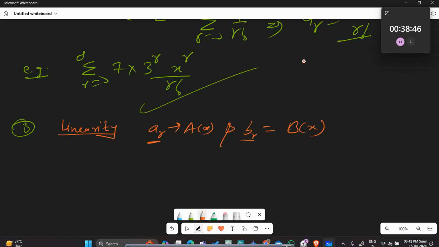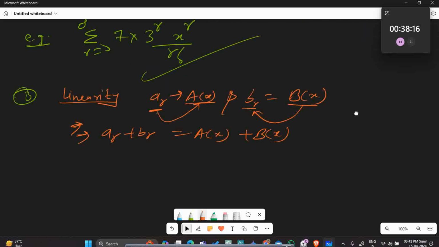A(x) is the respective generating function for a_r, and B(x) is the generating function with respect to b_r. Right? So there is a concept here: a_r plus b_r corresponds to A(x) plus B(x) also.